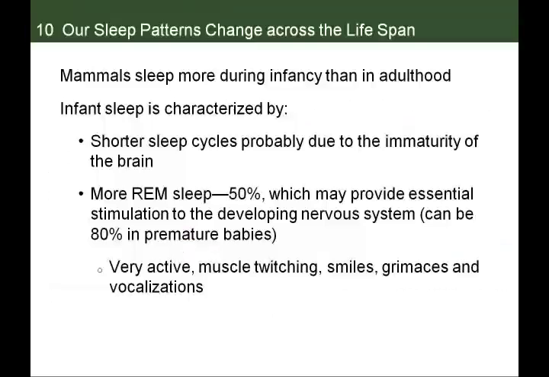Okay, now back to somebody's question over there. Mammals will sleep more during infancy than as we get older. Anyone who has infants or kids knows this. Although they sleep many hours, they're not able to maintain many consecutive hours.